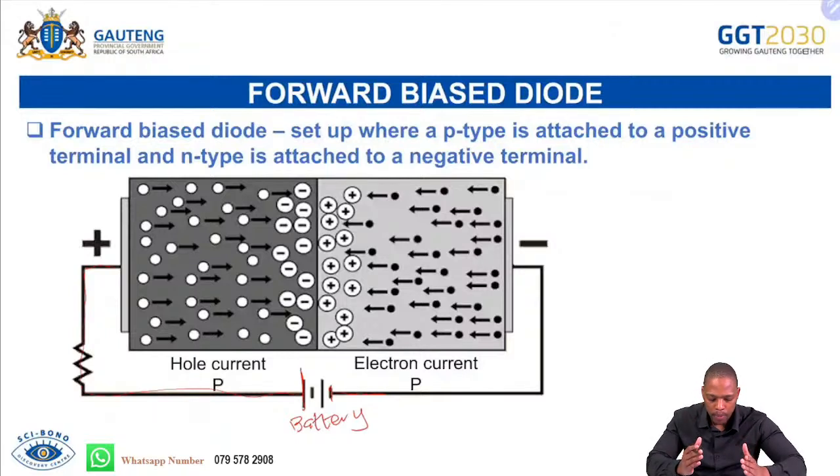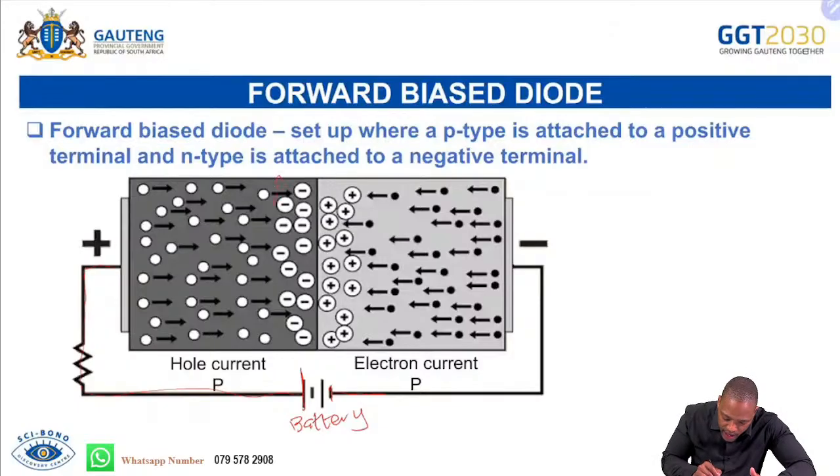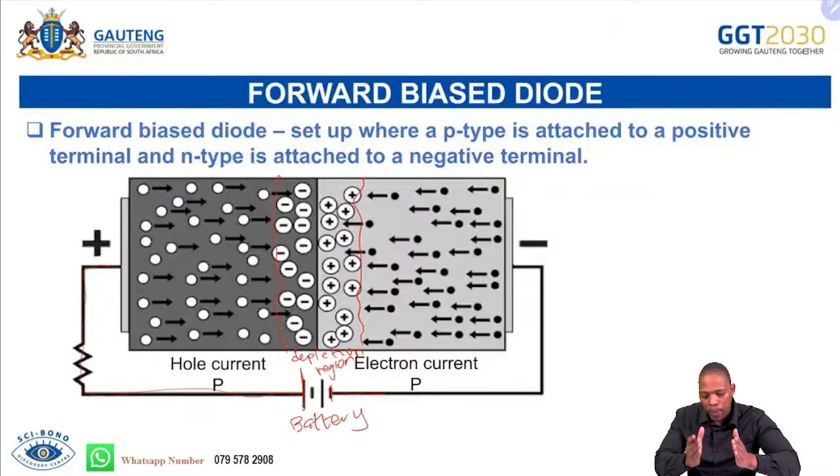We have a problem of this thing here that we are calling a depletion region. This depletion region is stopping electrons from moving. We want electrons to move. Electrons must continue moving. Then we're going to say we are having a conduction of electricity. Electricity is being conducted. We have electricity there.